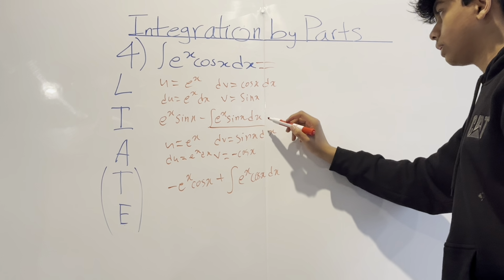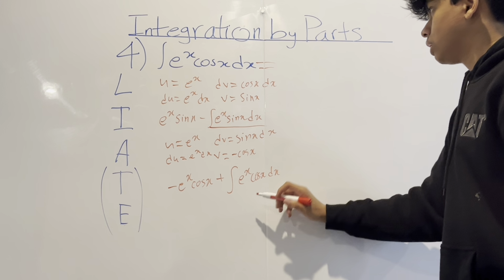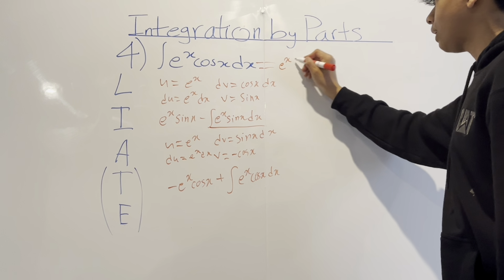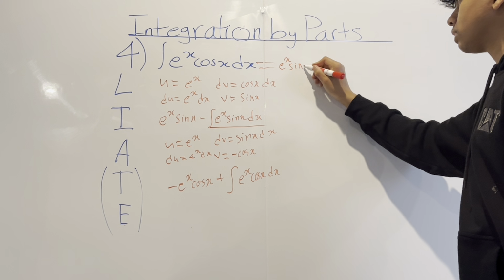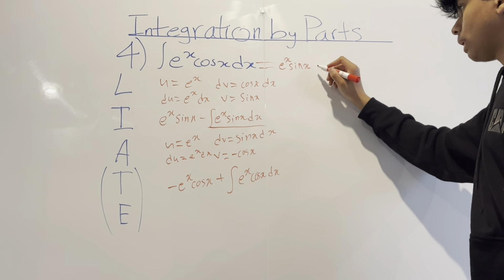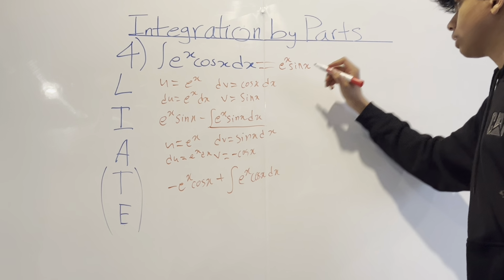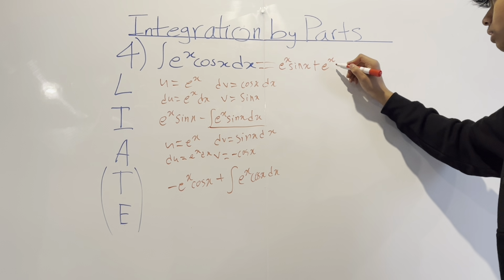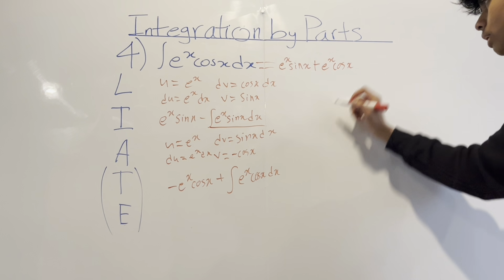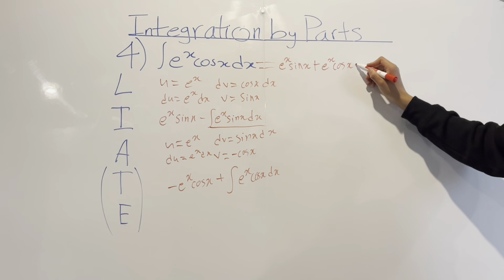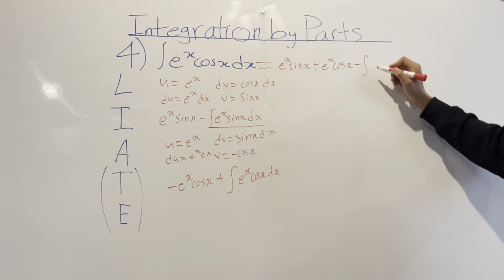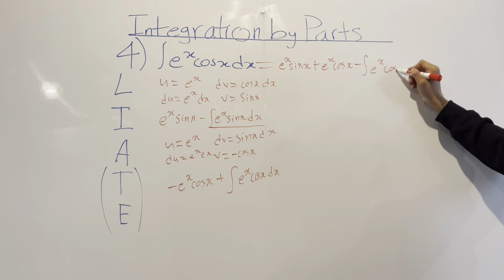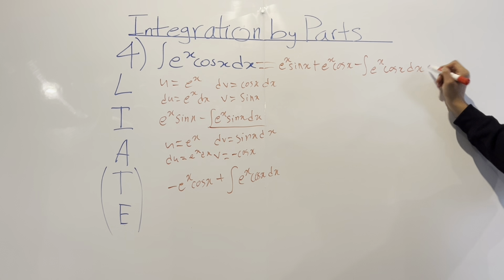And once we integrated this, we got this. So now let's write everything out. So e to the x sine x. And then we have to distribute the negative, so this becomes plus e to the x cosine x, and then distribute the negative again, so minus the integral, we just keep the integral here, we're not going to solve it, e to the x cosine x dx.